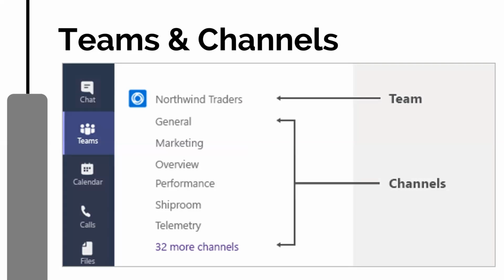Then within that main team, and you can make multiples, whatever kind of teams you need, you can start adding separate channels. Channels could be by department, or by project, or by a certain event that you're planning. It is going to look different in every organization.